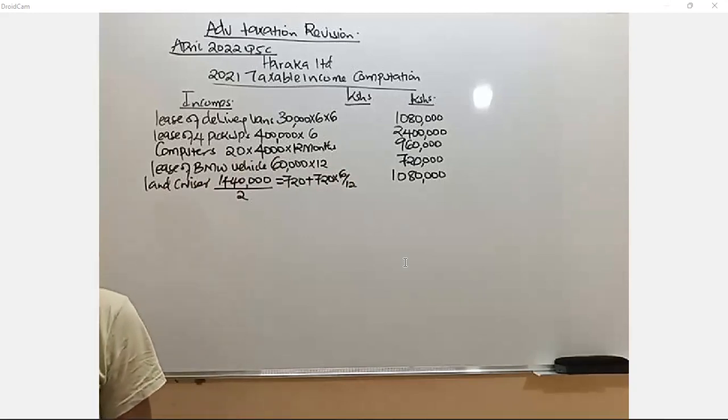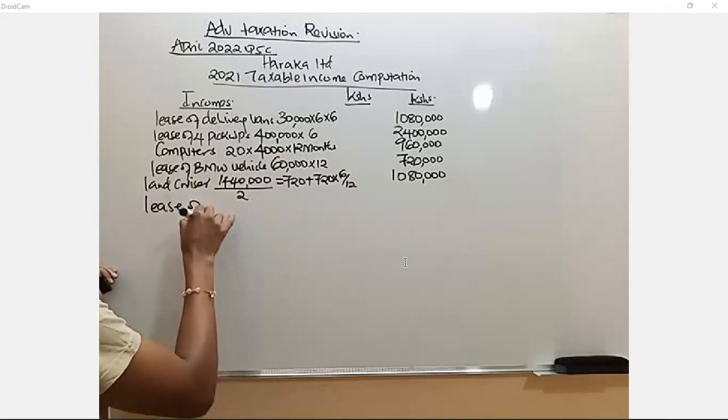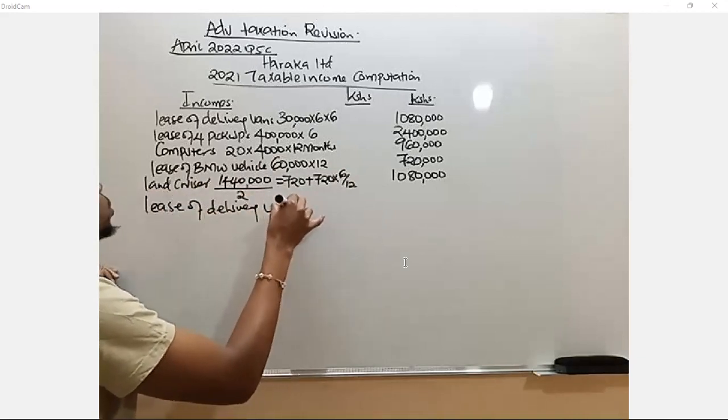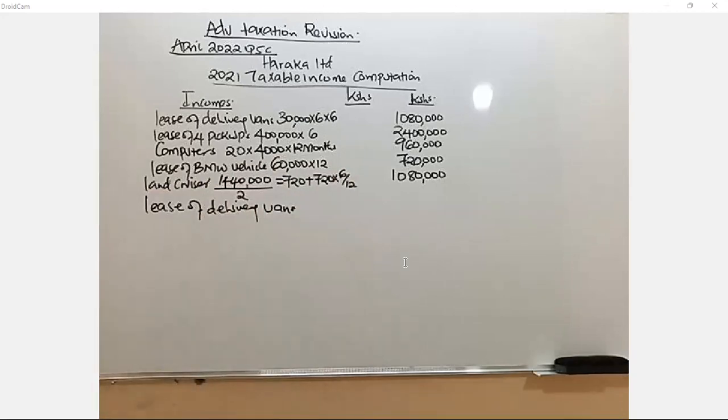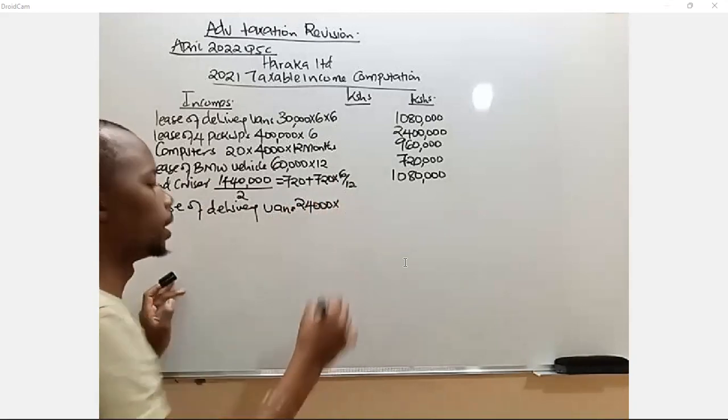Now, the delivery vans to Zito Limited were returned upon lease expiry, and Araka Limited leased them to Sokoni Supermarket for 4 months at 24,000 each per month. So each is costing us 24,000 times how much?